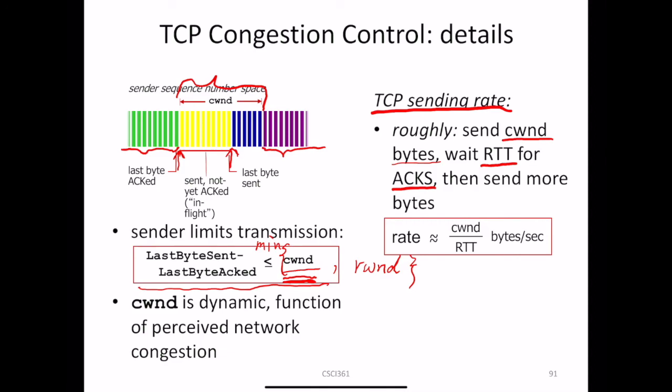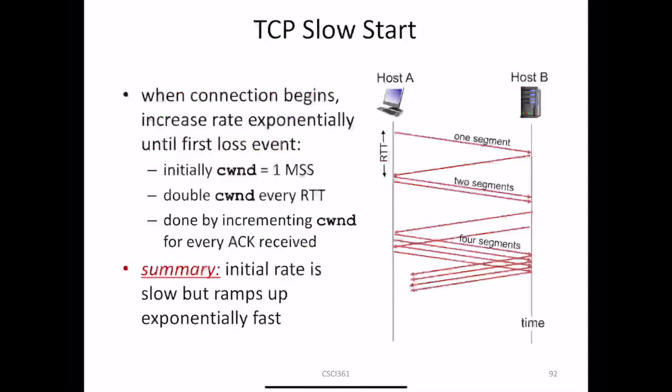So to calculate the TCP sending rate, we use the congestion window divided by the round trip time. We will get roughly the TCP sending rate. Then let's see TCP slow start.